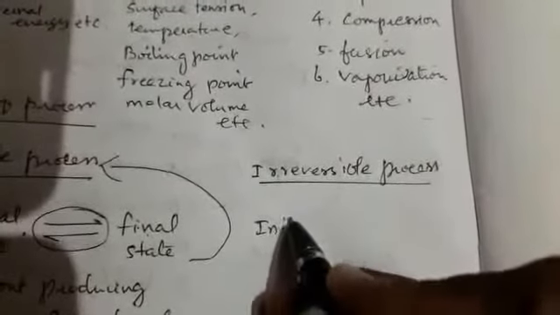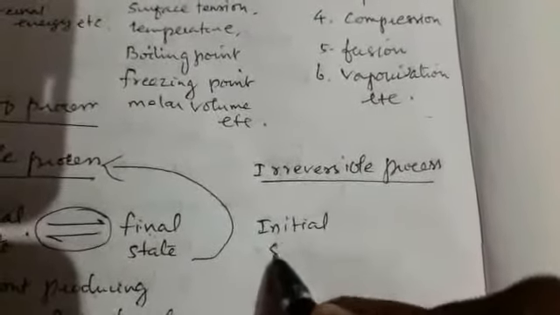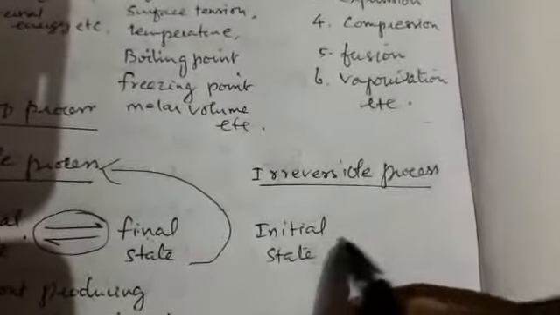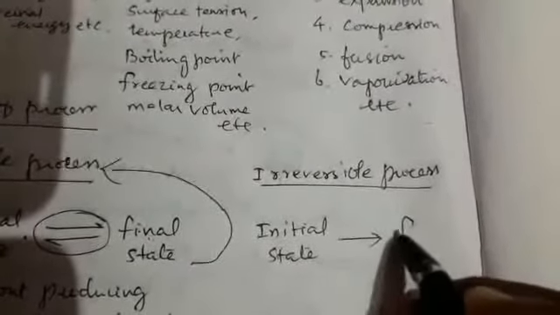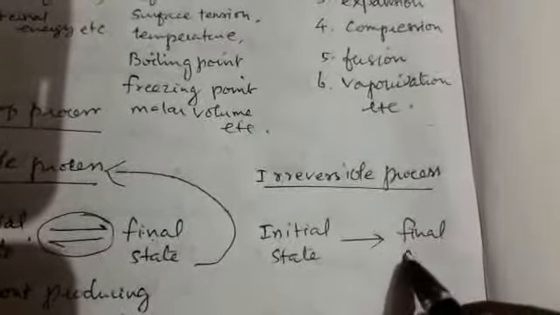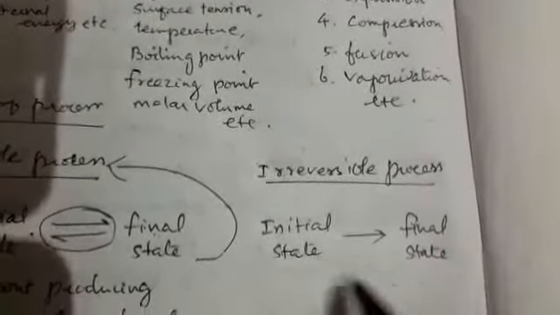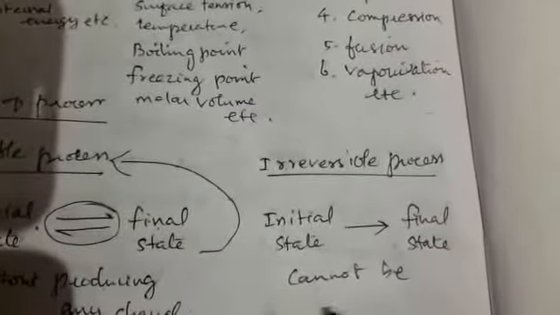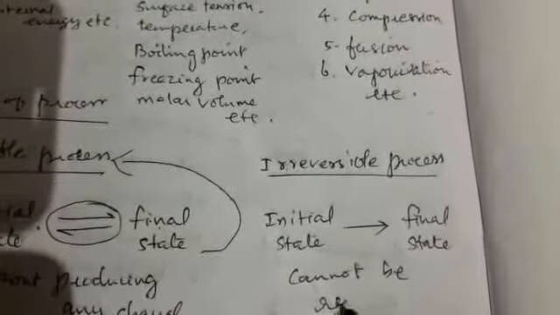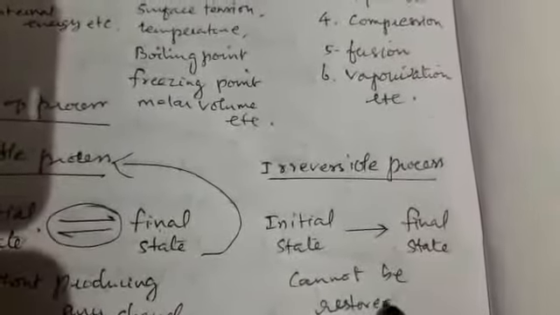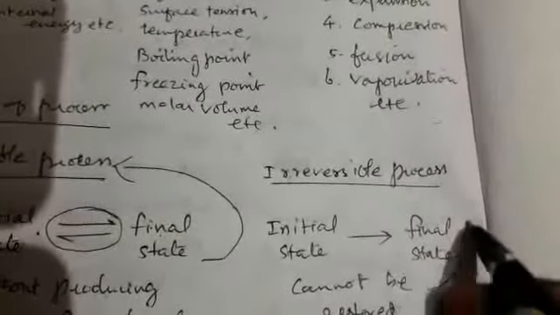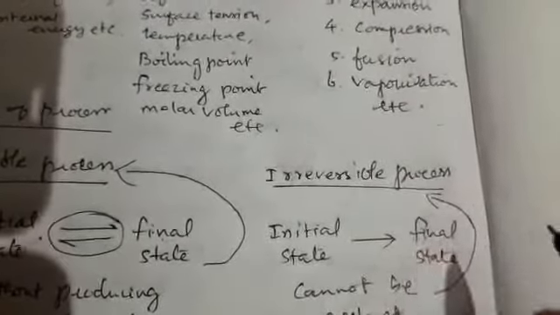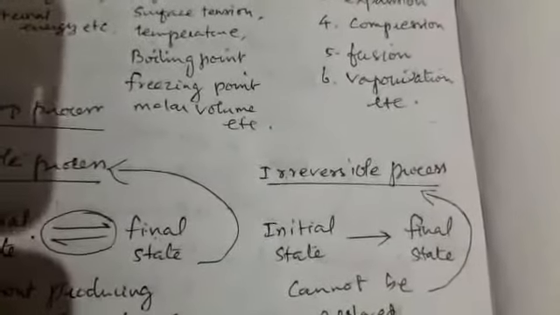Second, irreversible process. Initial state to final state that cannot be restored is called an irreversible process.